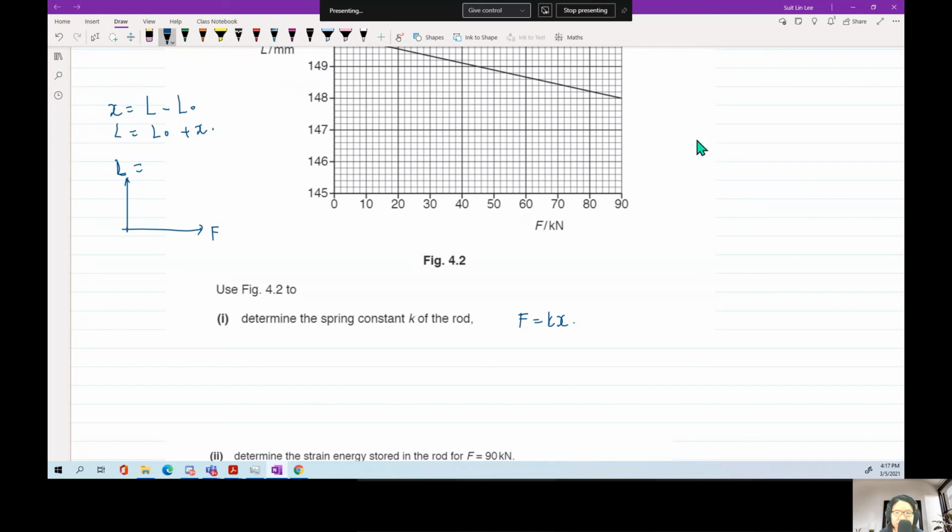So for this graph, L is equal to, let's say gradient times F, the equation of this graph. Your L is actually L naught plus x, and this is equal to gradient times F.